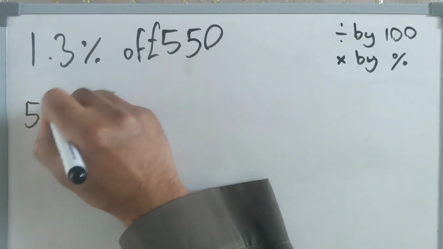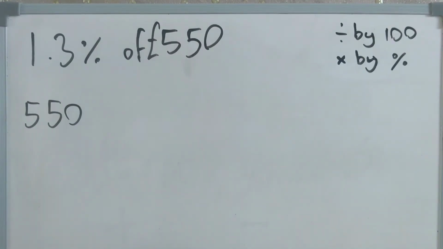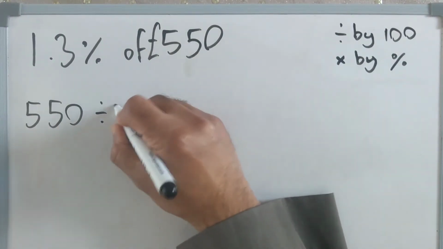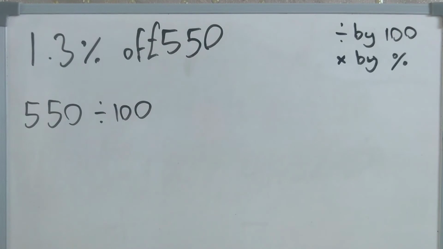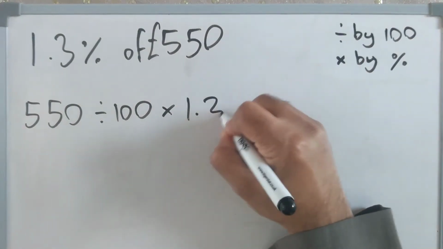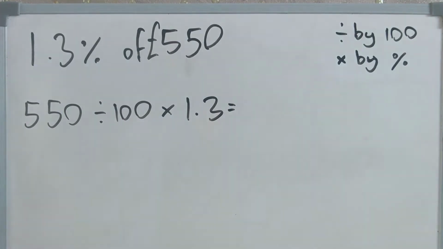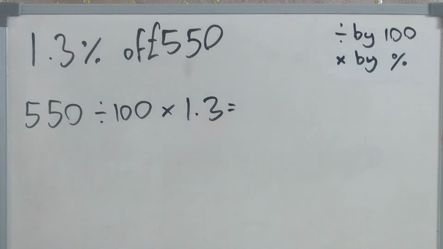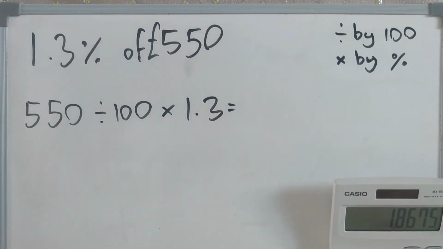So 550, that's the original amount, divide by 100 to find 1%, times 1.3. As simple as that. So 550 divided by 100 times 1.3 equals £7.15.